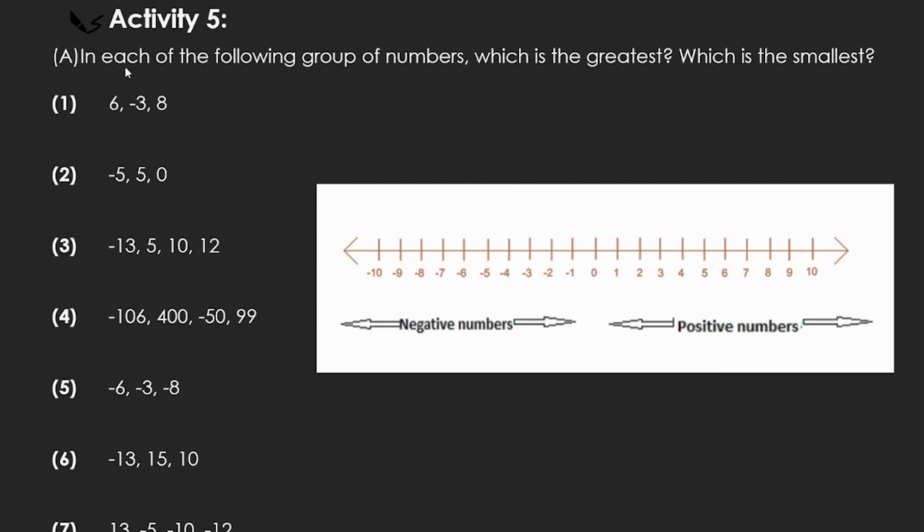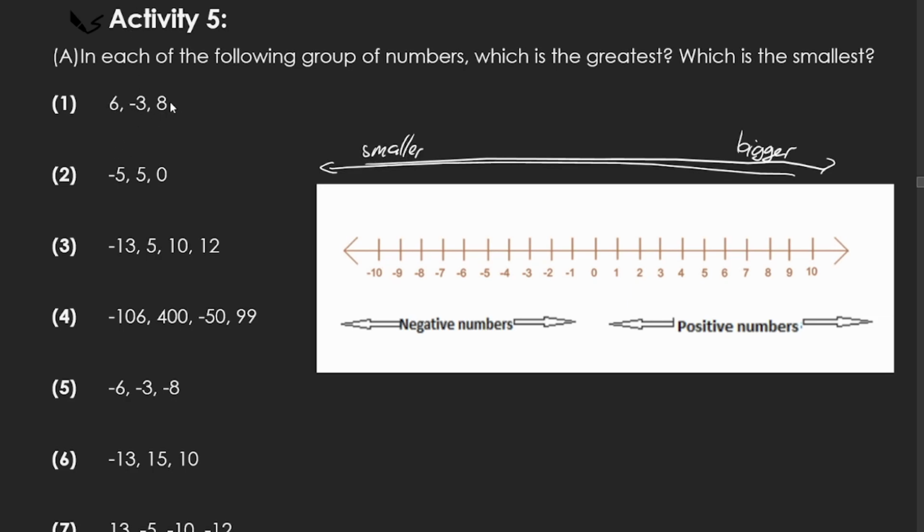A. In each of the following groups of numbers, which is the greatest and which is the smallest? On the number line, if you go to the right, it means the number is bigger. And on the left, of course, the number will be smaller.